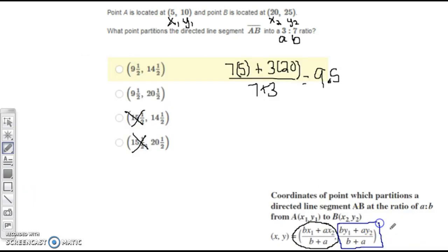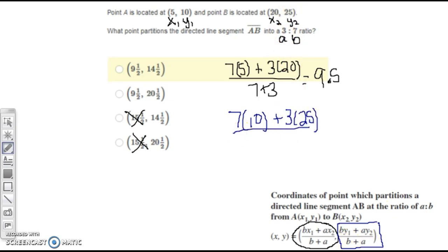So we're going to use the second part of the formula. Just be really careful when you substitute your values in. Notice it says b times y1. Our b is 7. Our y1 is 10. So 7 times 10. And it says plus a times y2. Our a is 3. Our y2 is 25.